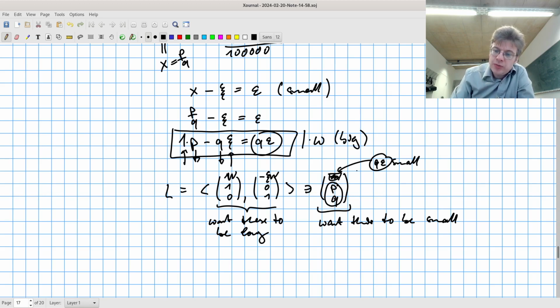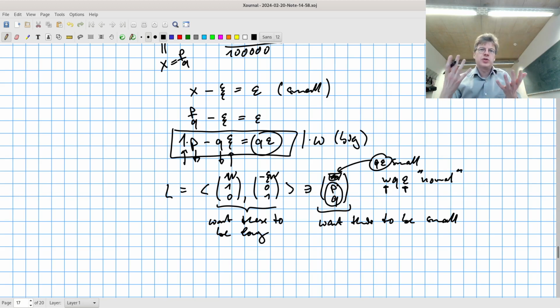And here I'm not destroying anything, because here the w gets also multiplied, but W Q epsilon, is this big or is this small? The epsilon is small, the W is big, so let's say this is normal in size. If you consider W as roughly 1 over epsilon, then they will cancel each other.